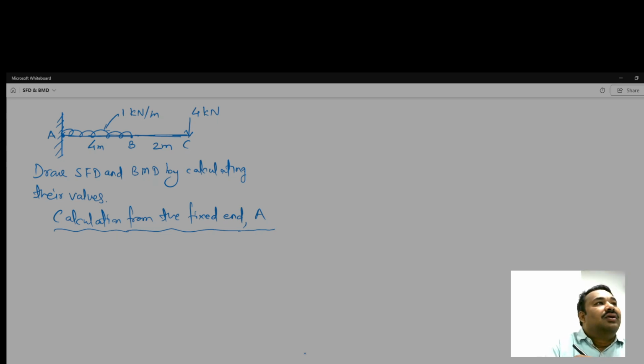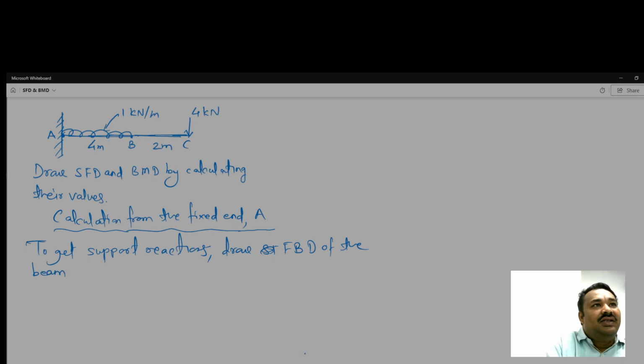Okay. So firstly, what we have to do, we have to get the support reactions. To get support reactions, we have to draw the free body diagram of the beam.